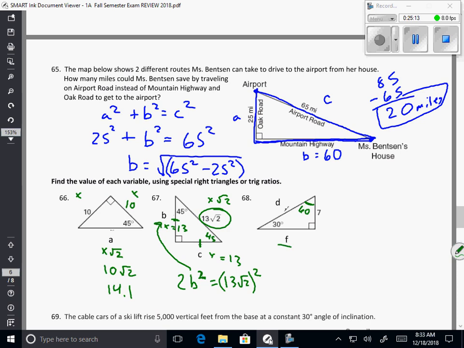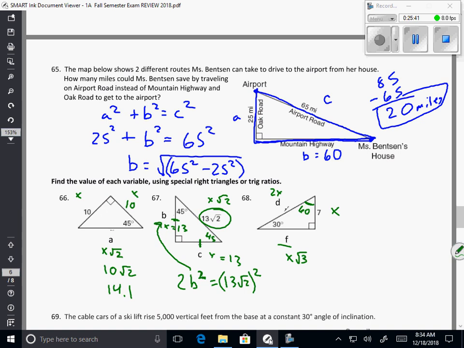And then you could use tangent to find f if you want. But on a 30, 60, 90, there are also special formulas. The hypotenuse is always twice the short leg, and the long leg is equal to the short leg times the square root of 3.